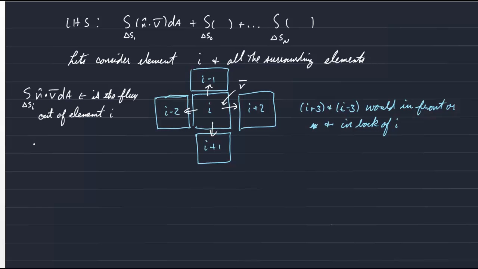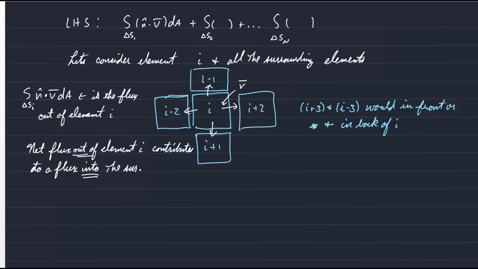So the net flux out of element I contributes to a flux into the surrounding elements.